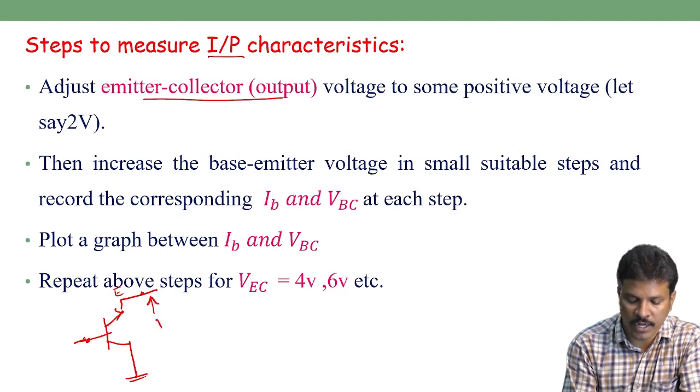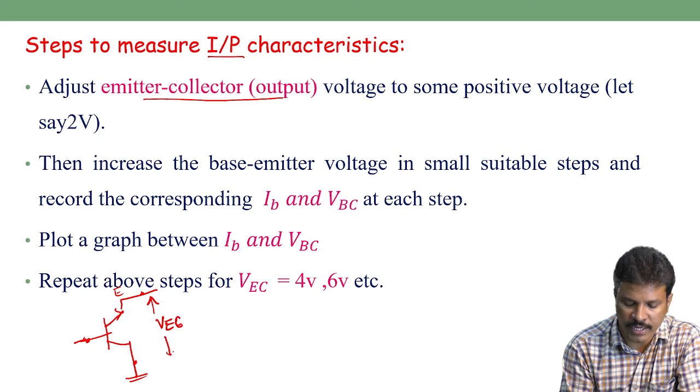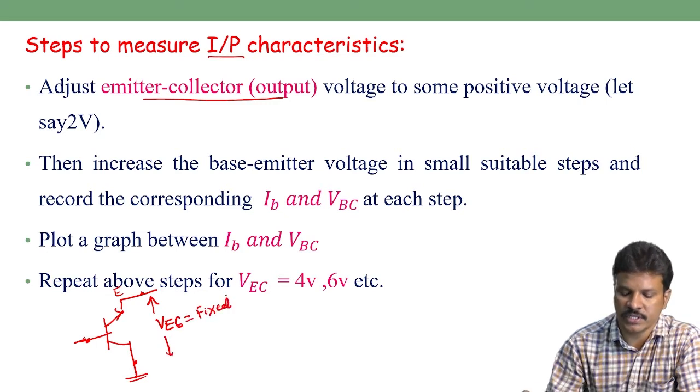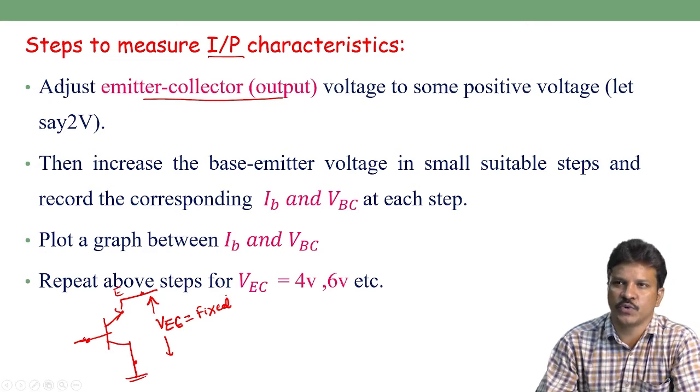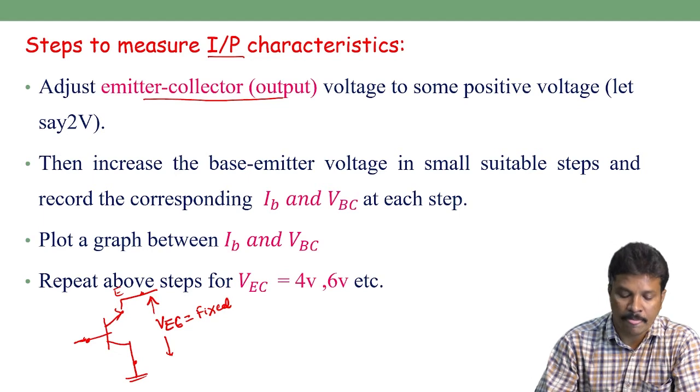Keep output voltage constant. Output voltage means voltage between emitter terminal and collector terminal. This voltage is fixed at a certain voltage, let us say 2 volts.